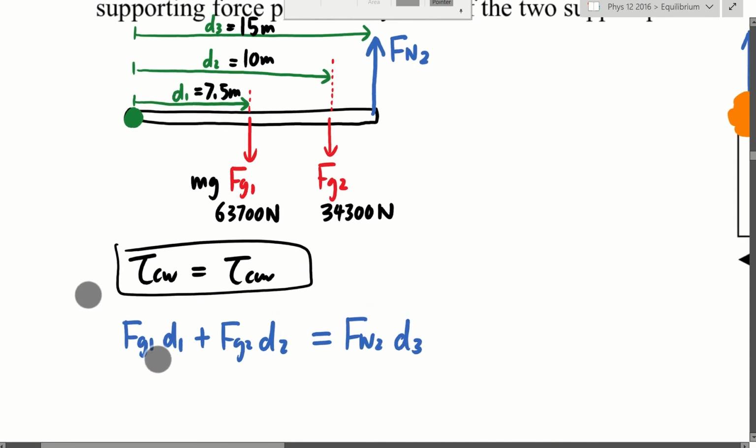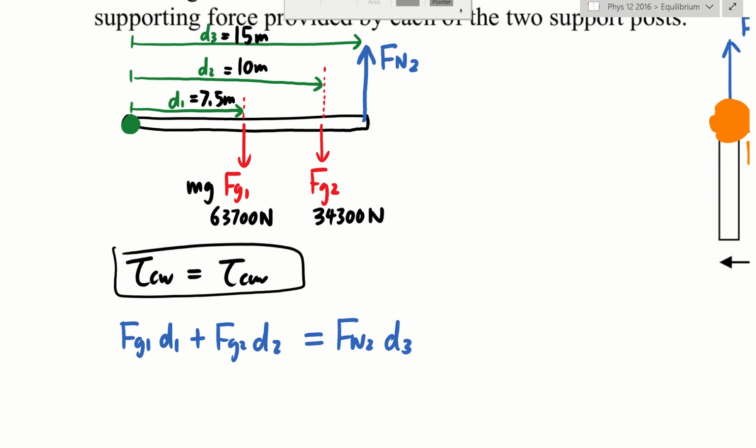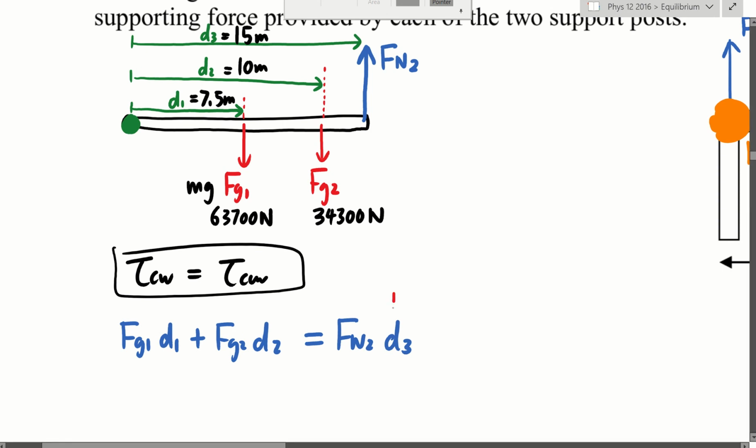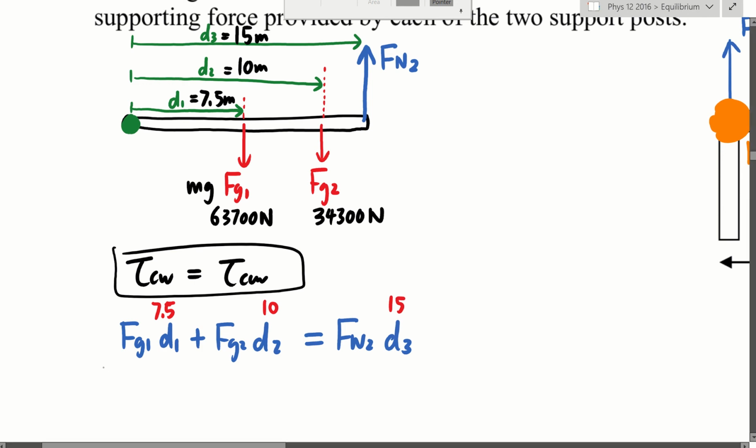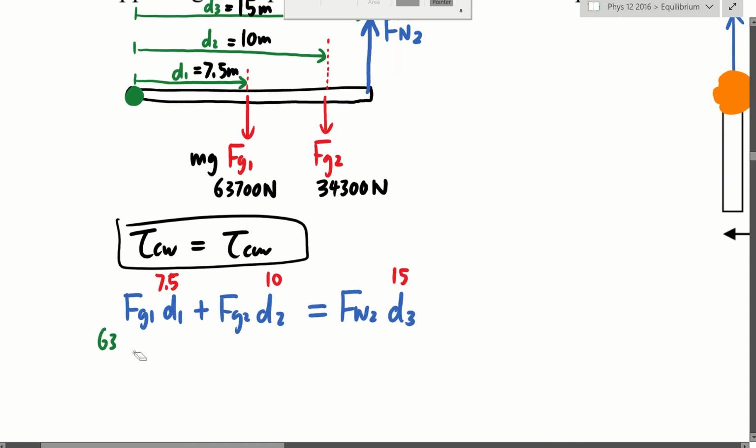There. All the numbers that you have now can be substituted in. For example, D3 is 15, D2 is 10, D1 is 7.5. Also, all the forces that you have can now be substituted in. Fg1 is 63,700.